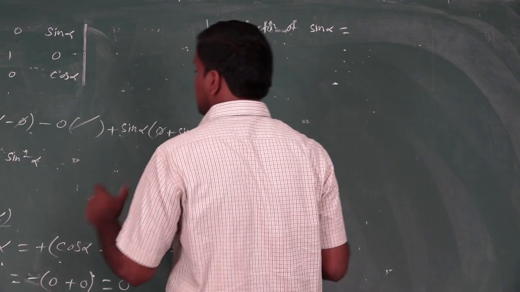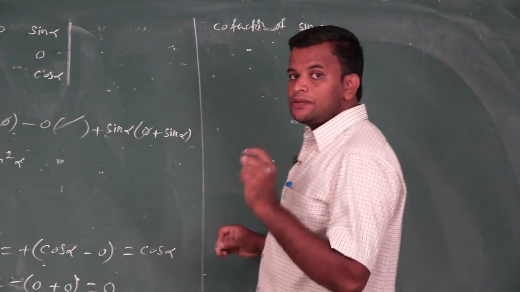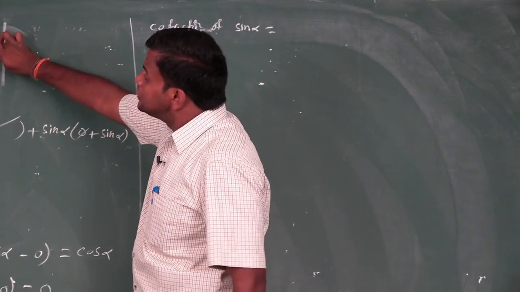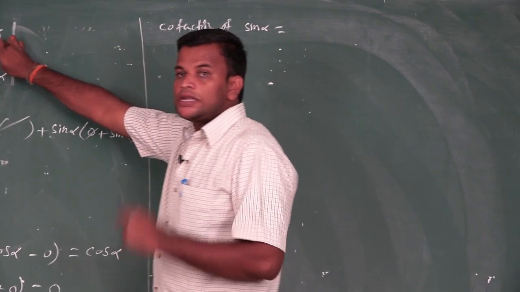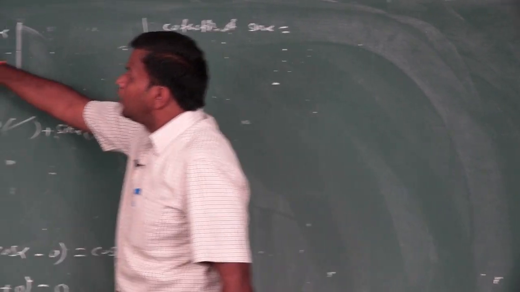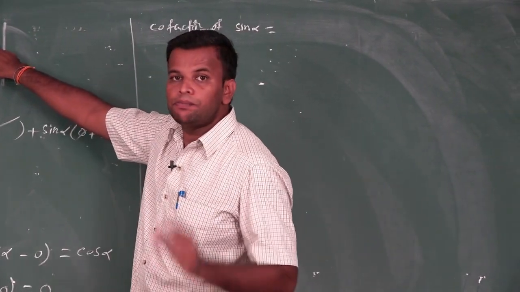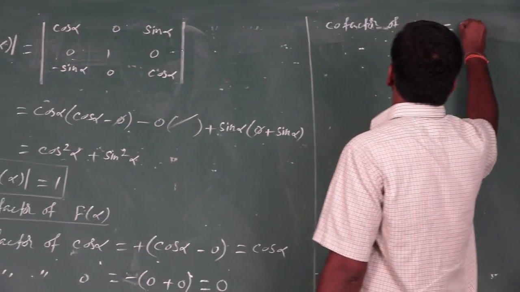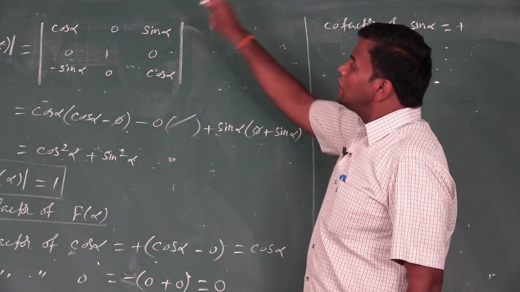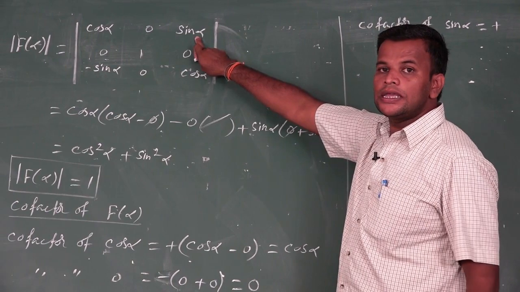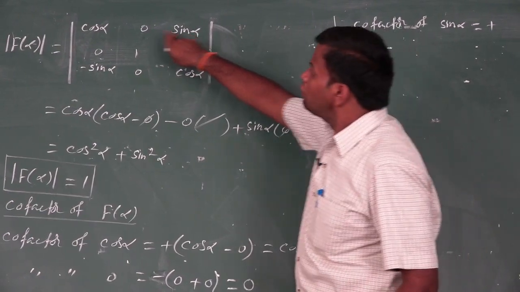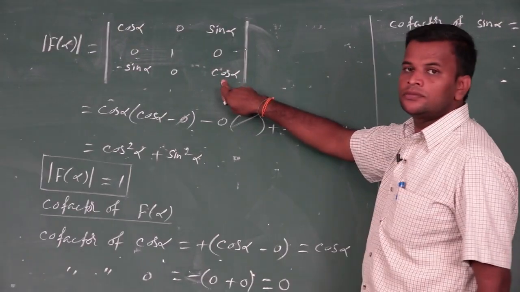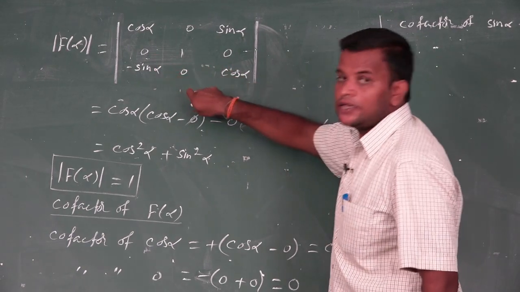Cofactor of sin alpha. The symbol or sign of this sin alpha: first one is plus, minus, so again it is plus. So plus, we leave the row and column occurring in sin alpha, so we leave first row and third column. Then we simplify the remaining.